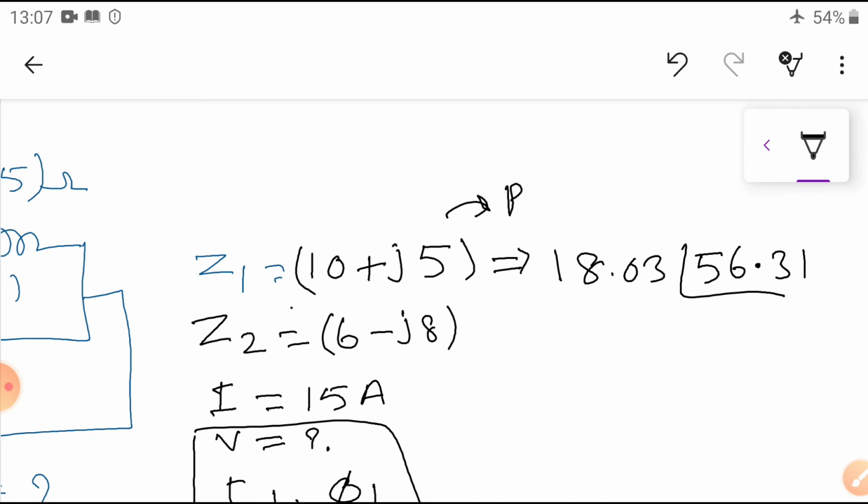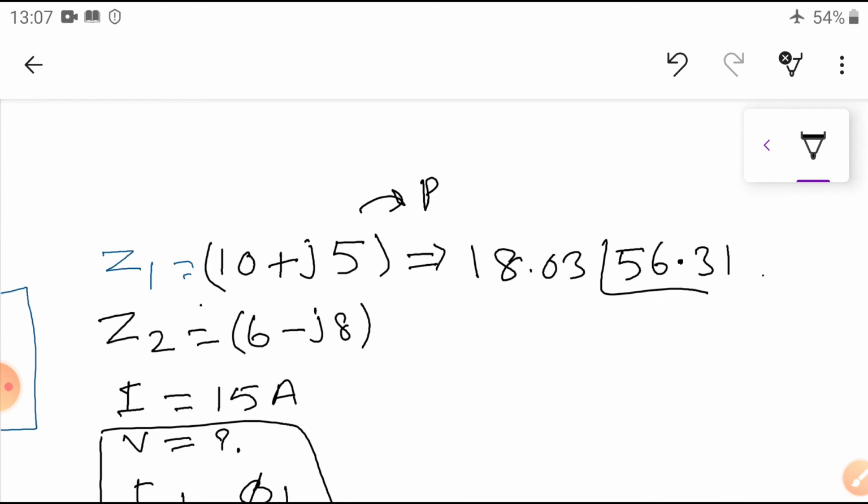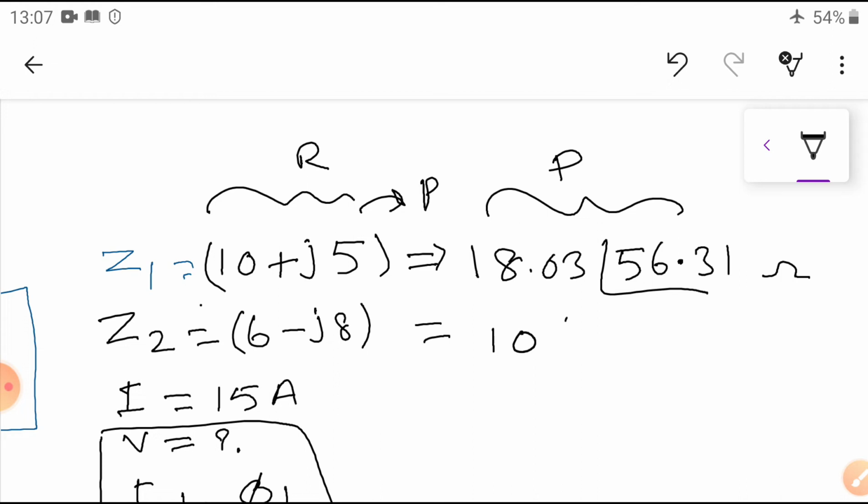This is Z1. Similarly Z2 is 10 at an angle of minus 53.13 ohms.